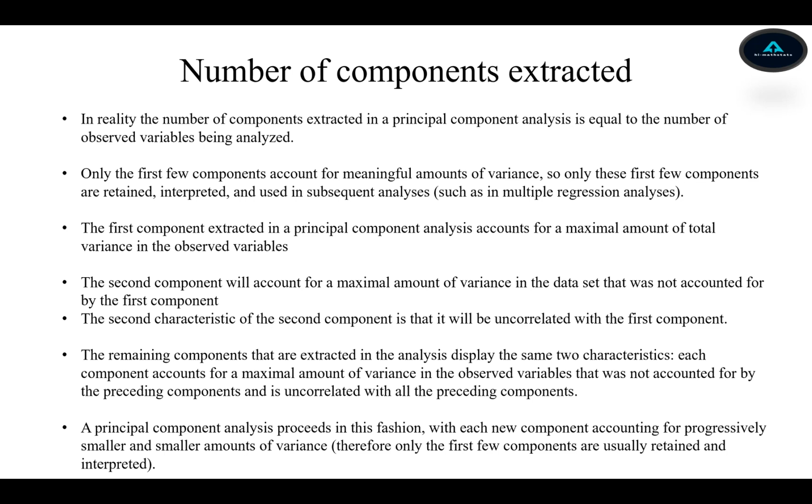So, a PCA proceeds in this fashion. With each new component, it accounts for progressively smaller and smaller amounts of variance. So we don't have to interpret or retain those. We only pick the very first few components.